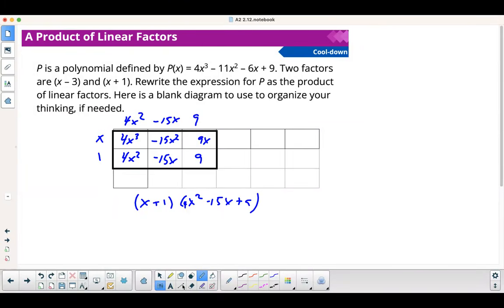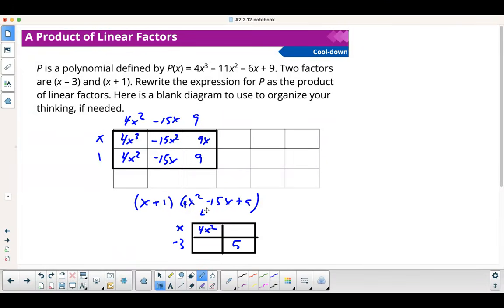So this one I got to make a 2 by 2 box. A little crooked. So I put my other factor. I already used the x plus 1, so I need to use the x minus 3. This was nice that they gave us two of the factors. Put the 4x squared here and the 9 here.